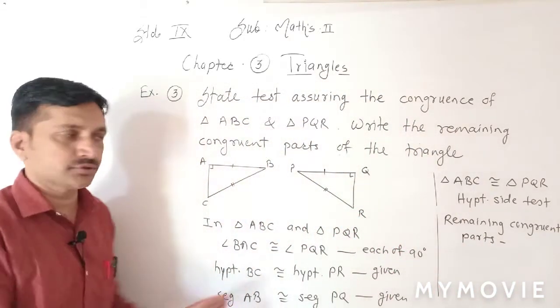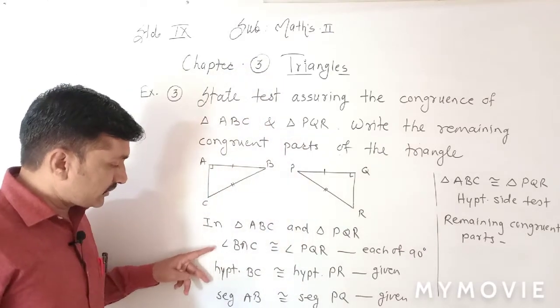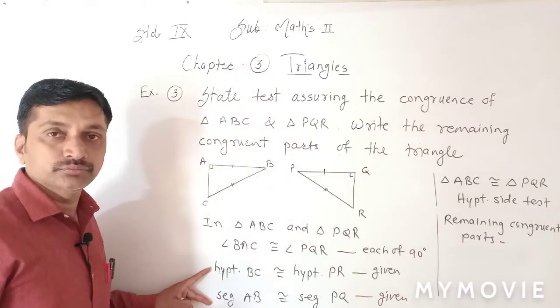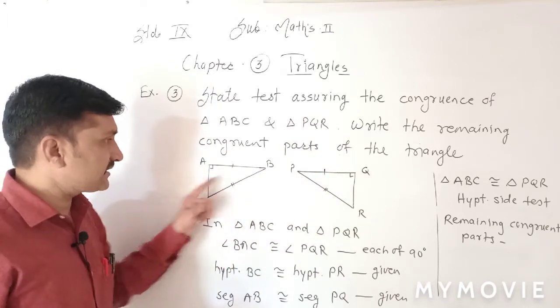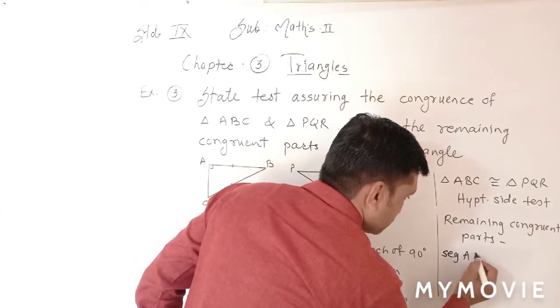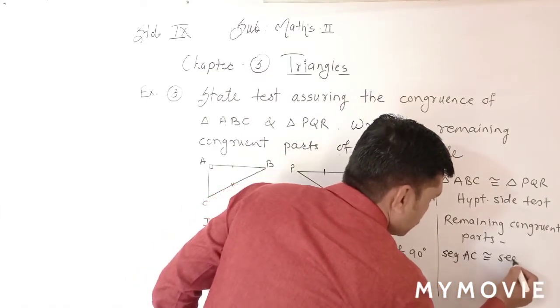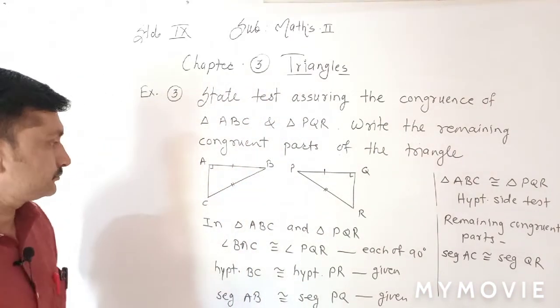Here 3 are used, the remaining will be 3, one by one. How many sides are used here? 2. Then the remaining side 1, which is not shown by an identical mark, is AC and QR. Therefore seg AC is congruent to seg QR. This is a remaining congruent pair.